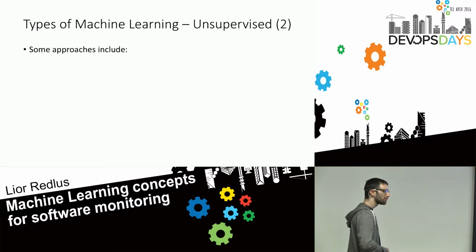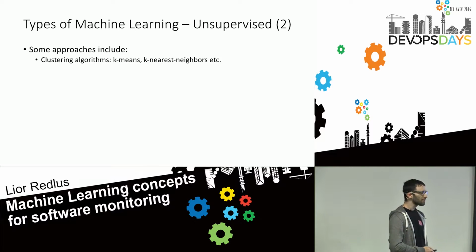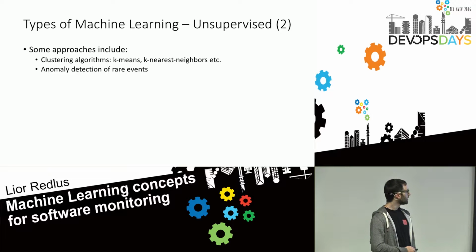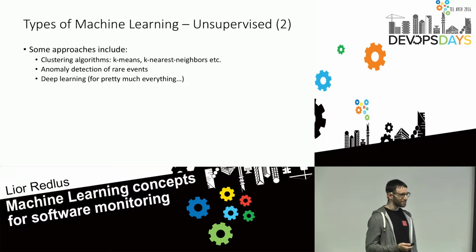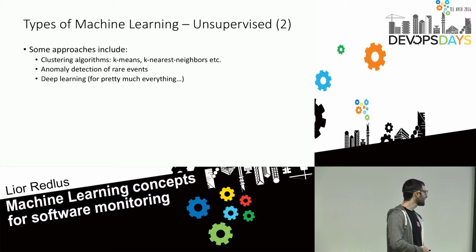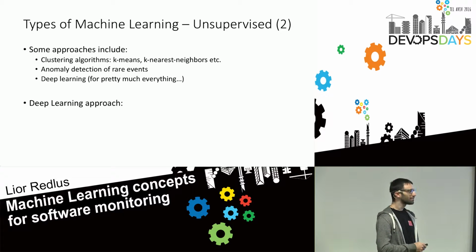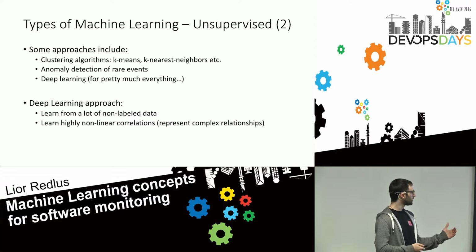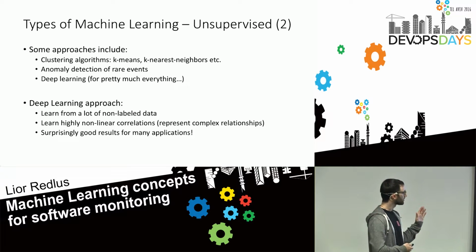Some approaches in unsupervised learning include clustering algorithms, anomaly detection of rare events, and the buzzword of the year, deep learning, where the idea is to learn from a lot of non-labeled data, learn highly non-linear correlations which can then represent complex relationships inside our data, and it gives surprisingly good results for many applications.